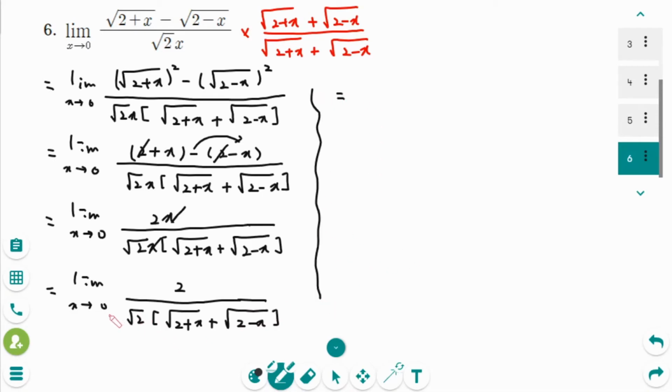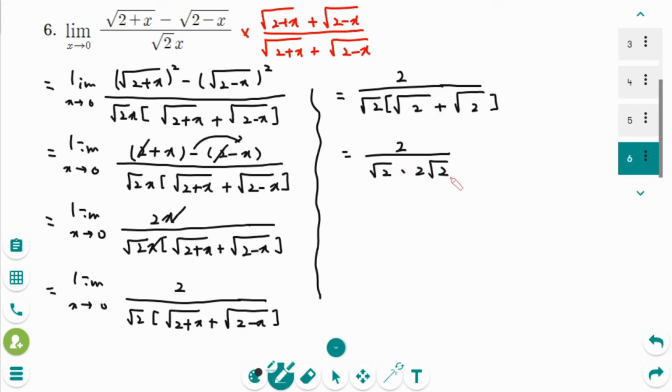Then put 0 into x, 2 over square root of 2 times square root of 2 plus 0, which is 2, plus square root of 2 minus 0, which is 2. So 2 over square root of 2 times 2 square root of 2. We can cancel 2's. So 1 over square root of 2 times square root of 2, which is 2. That is the final answer.